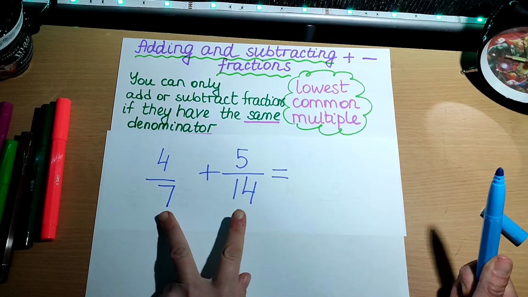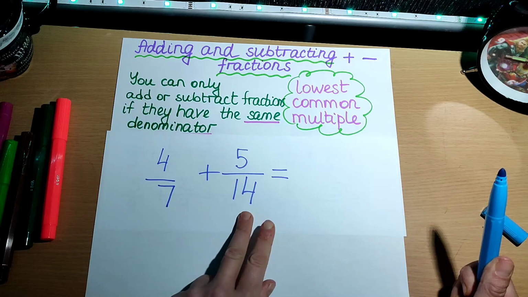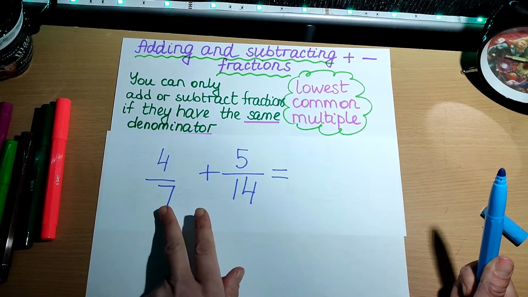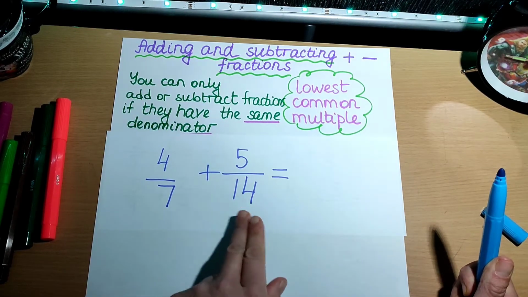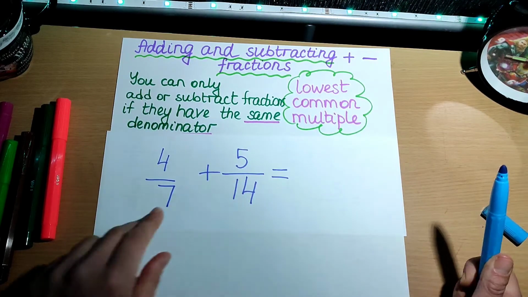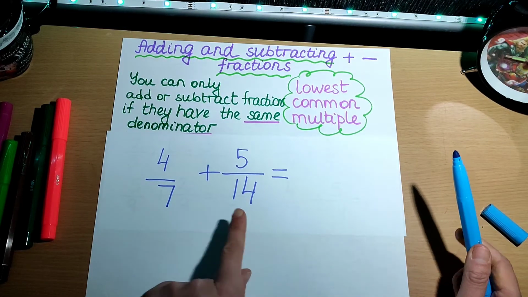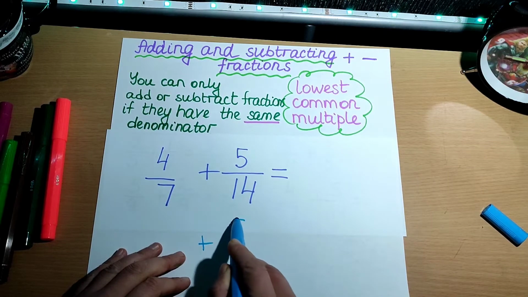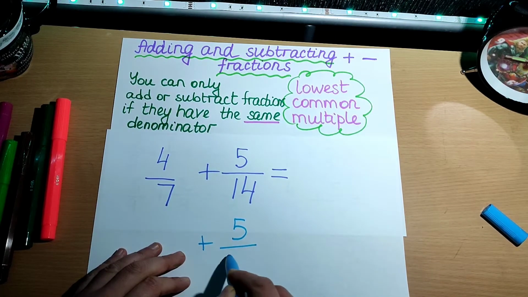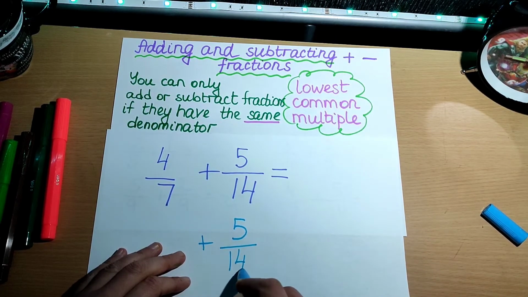Can we make 7 into 14? Yes, we can by multiplying 7 by 2. And we can leave 14 as it is. We don't need to do anything with our 14. So let's leave this fraction as it is, 5/14.